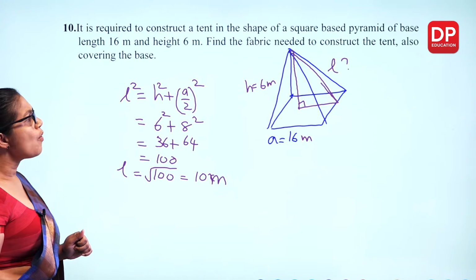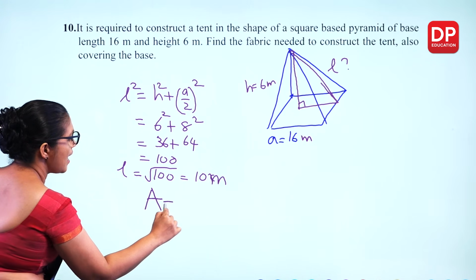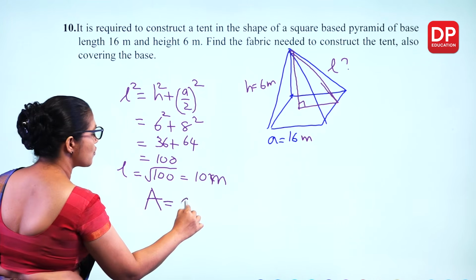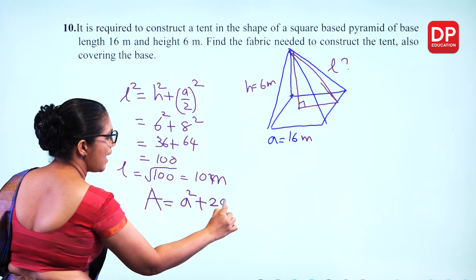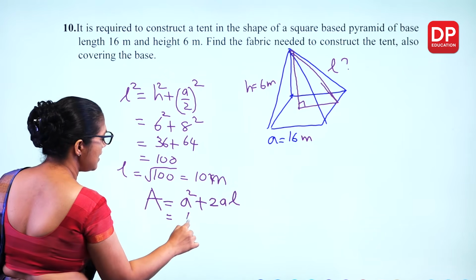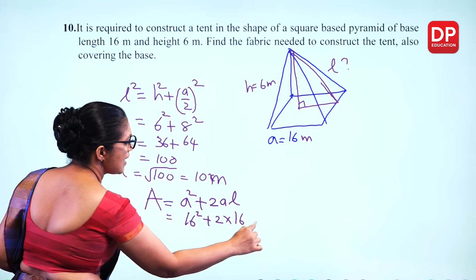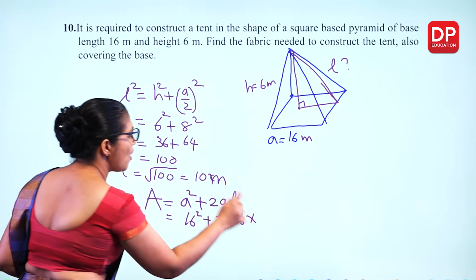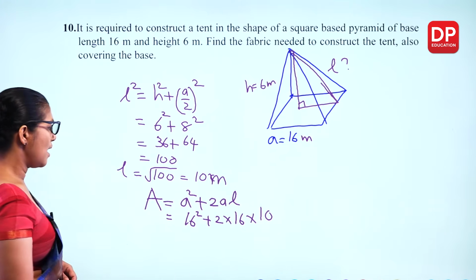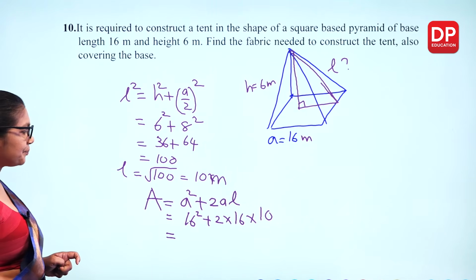So how can we find out the surface area? Surface area is equal to A squared plus 2AL. A is 16. 2 times A is 16 again. L we found, that's 10. Now find out this one. 16 times 16.